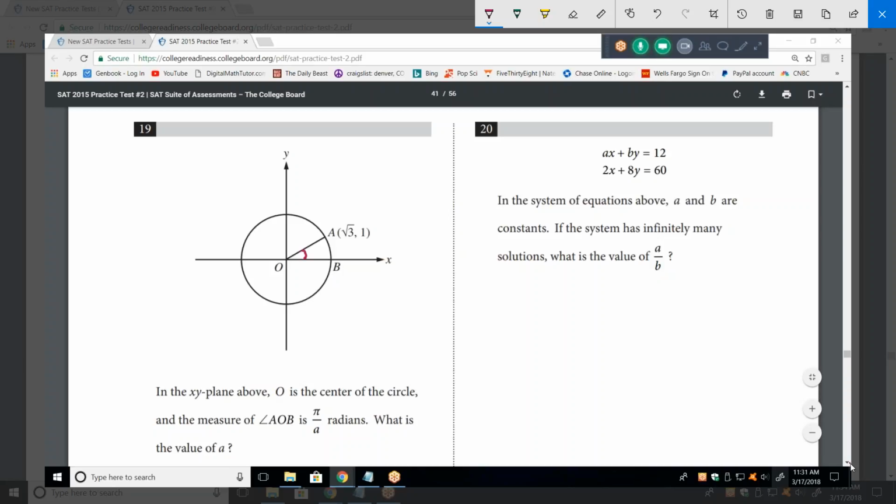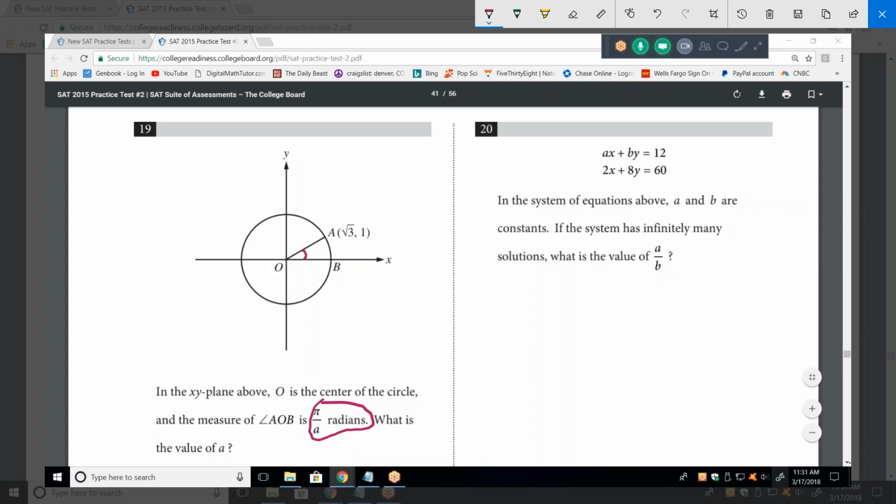Because that's what they're asking about, and they're asking it in radians. There's a lot to learn there. They're not even asking it in degrees. So that is definitely a hard problem. This is still the grid-in section, but apparently the grid-in section has a calculator and a non-calculator part. This is the non-calculator part of the grid-in section.